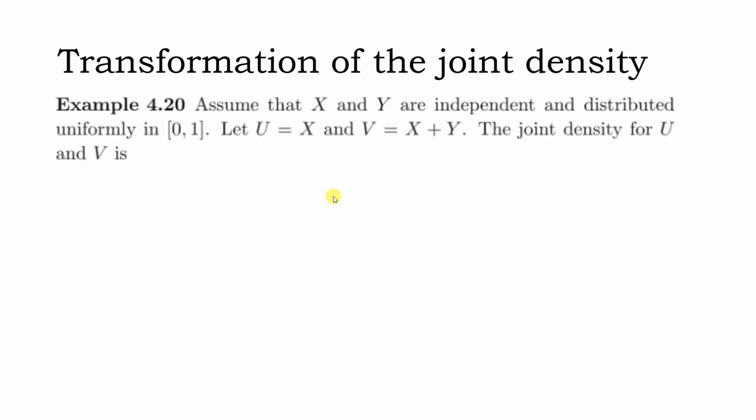So let's have an example. Assume that x and y are independent and distributed uniformly in (0, 1). Let u be equal to x and v be equal to x plus y.